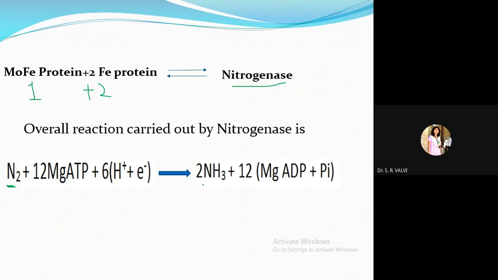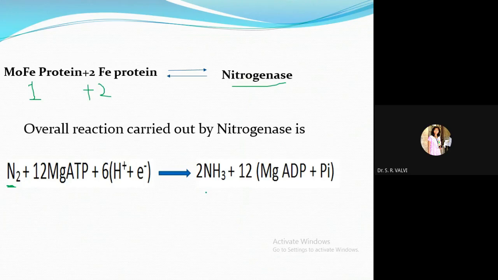So see students, as the ammonia is formed within our cell, this ammonia is not useful in our plants. If it remains as it is within the plant, it will disturb our whole metabolism, whatever reactions are performed within the plant.